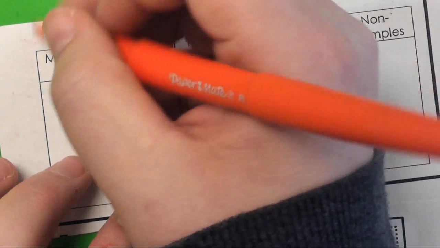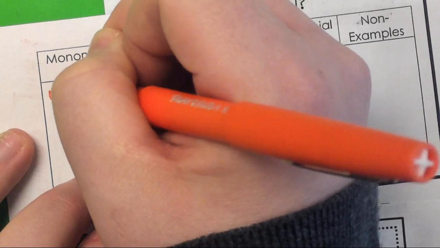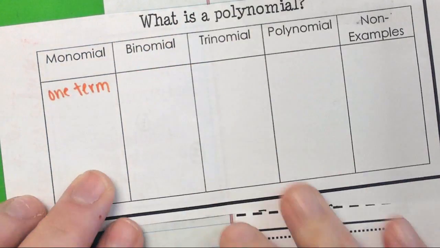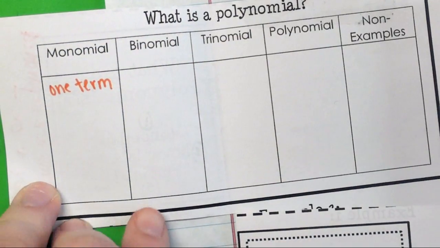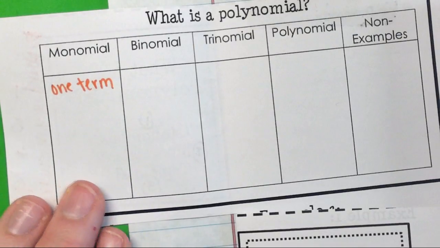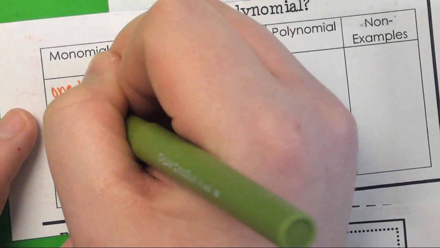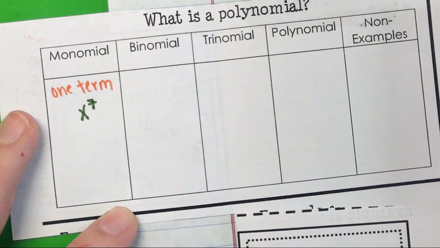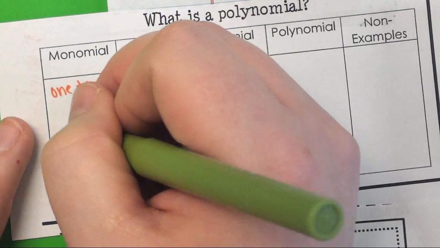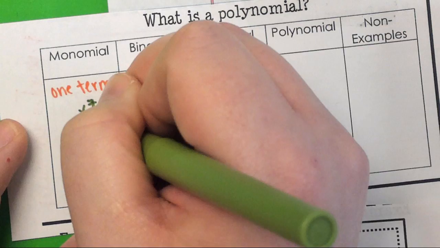Obviously, a monomial is one term. And we're going to make some examples. For instance, x to the 7th. That's one term. 4y to the 3rd.